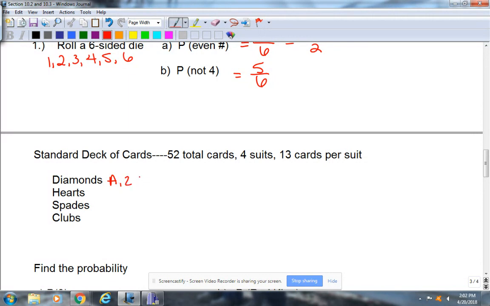So you got a 2, a 3, 4, 5, 6, 7, 8, 9, 10. And then you have a jack, a queen and a king. Right? So for hearts, you have an ace, a 2, a 3.